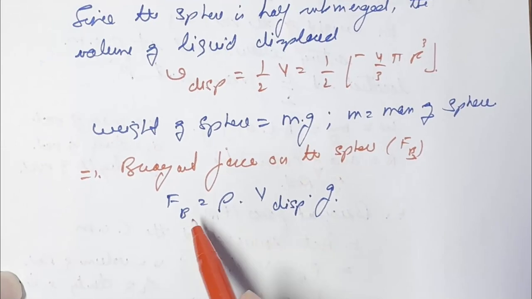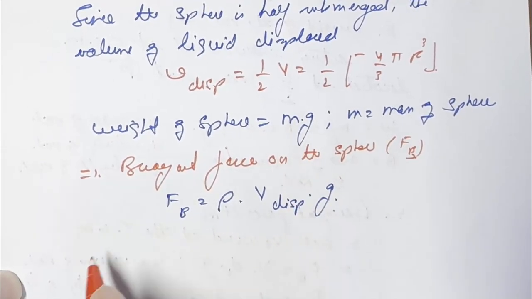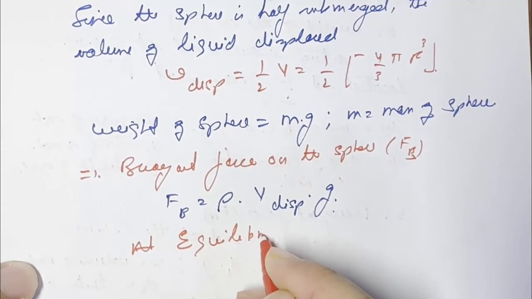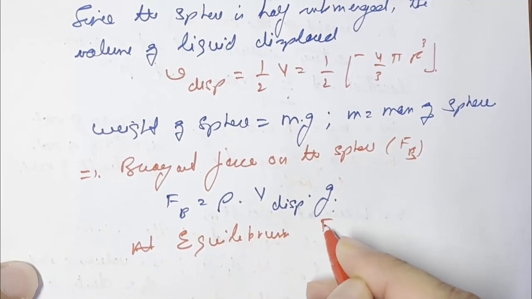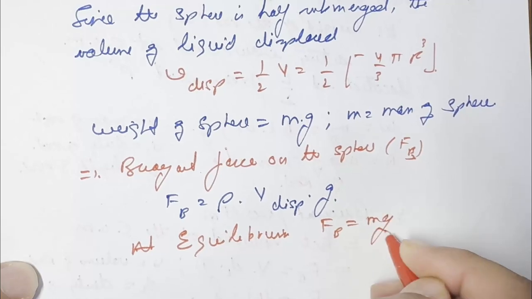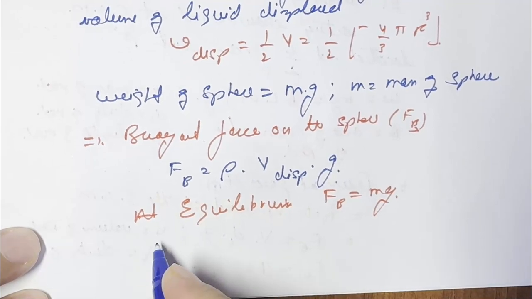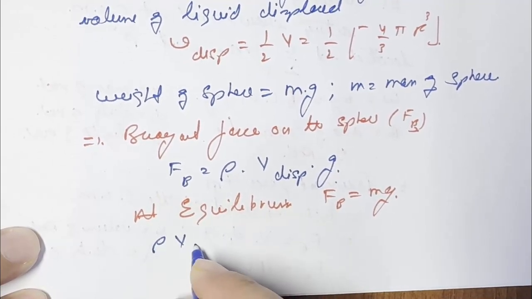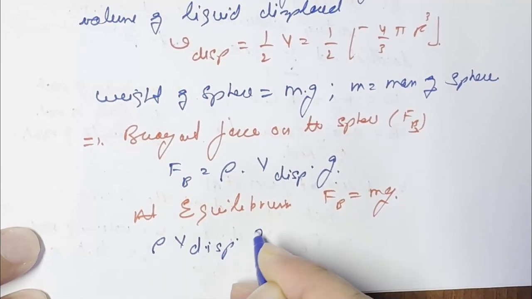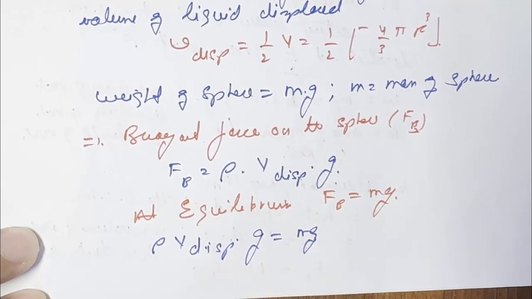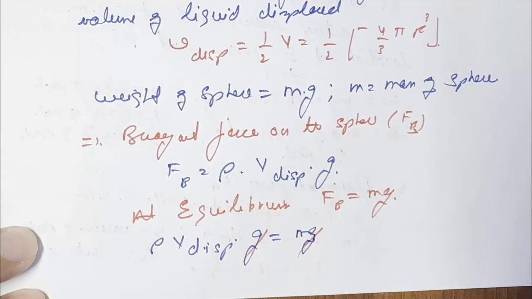And at equilibrium, this buoyant force will be equal to mg. At equilibrium, Fb is equal to mg. So we substitute the value of Fb. Fb is rho times the volume of the water displaced multiplied by g, is equal to mg. g and g cancel out, and we substitute the value of the volume of water displaced.